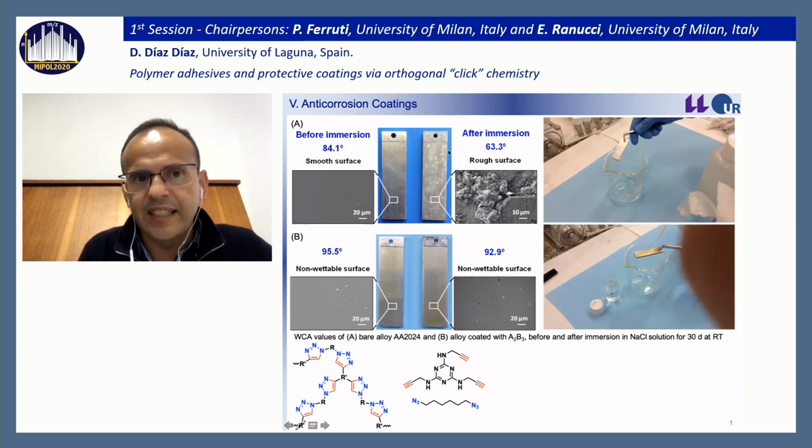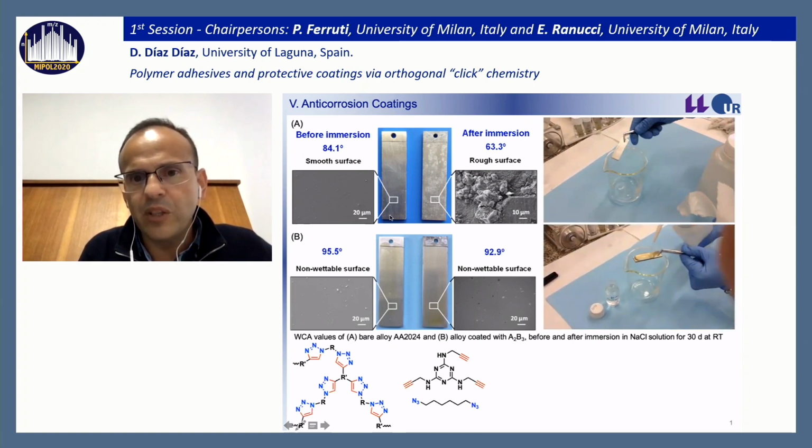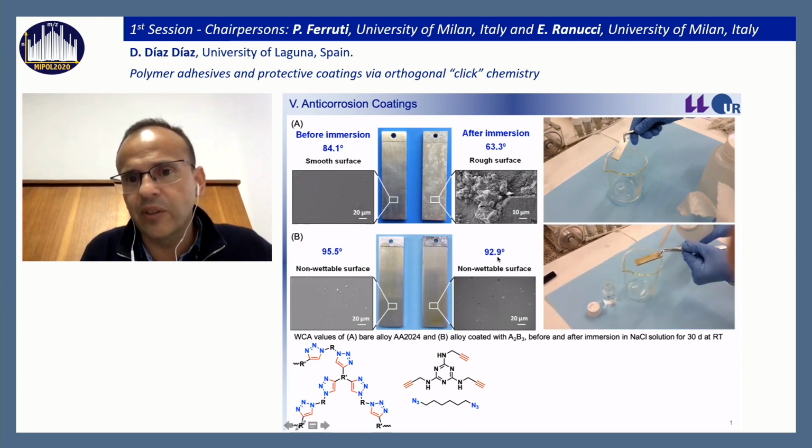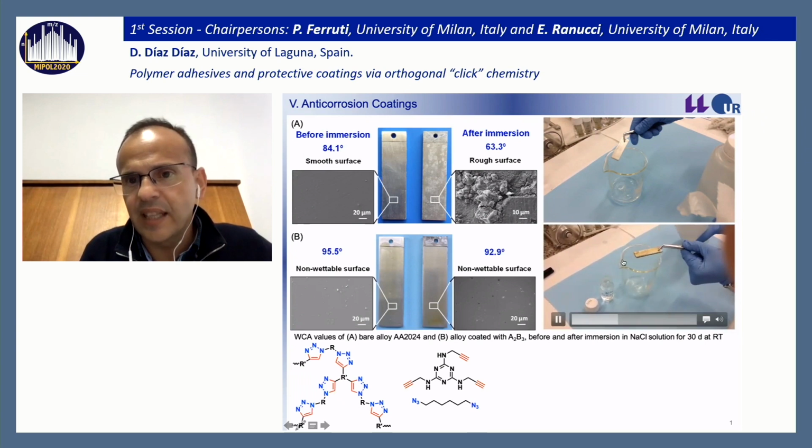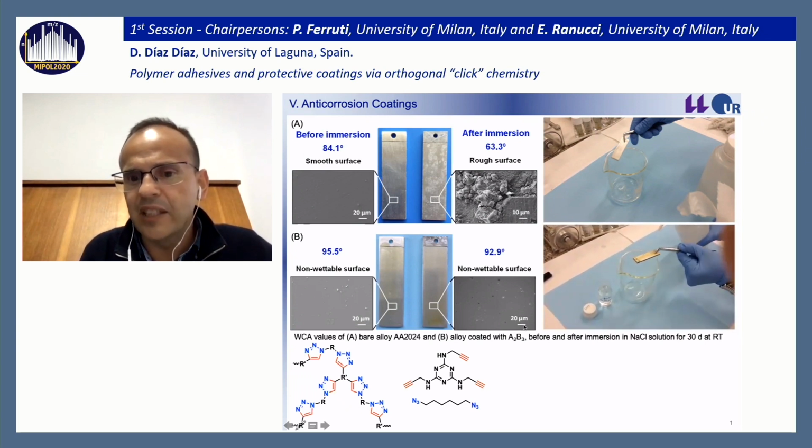You can see here, this is aluminum without treatment. This is aluminum with the treatment of one of the alkyne and azide. And you can see that the increase of the water contact angle is quite high. We make a very hydrophobic surface, and this is pretty good for anti-corrosion.